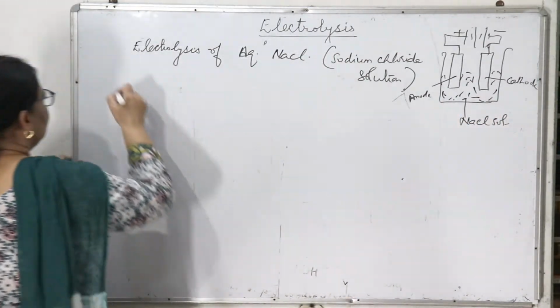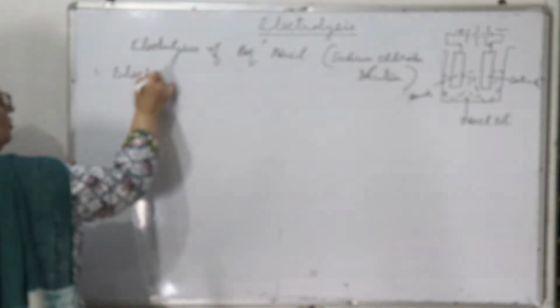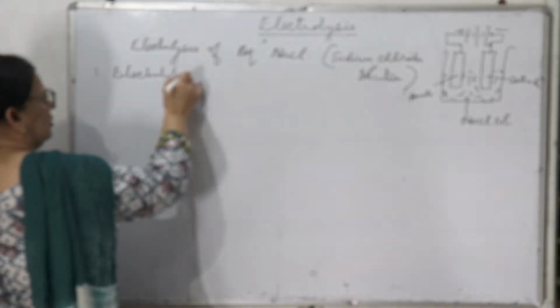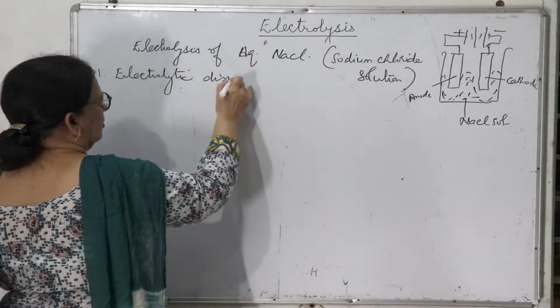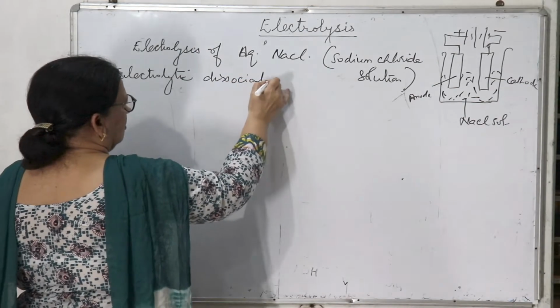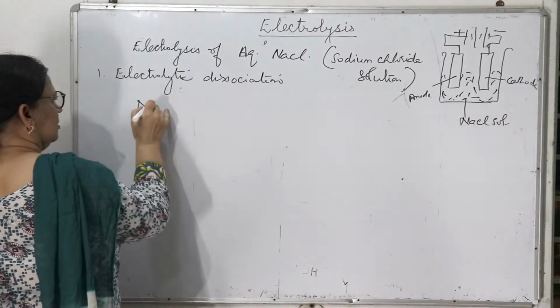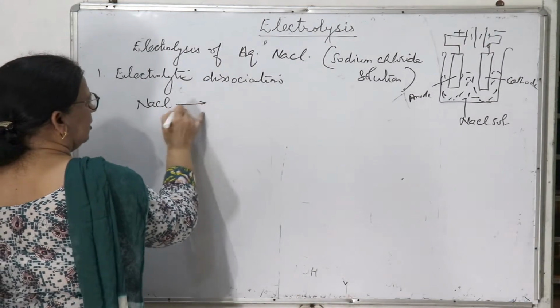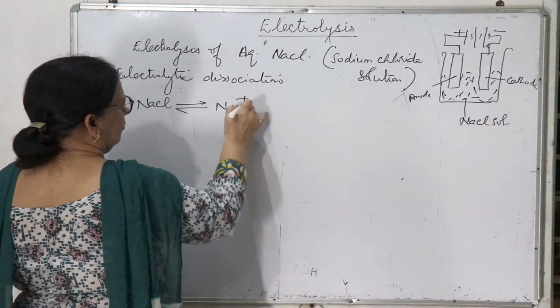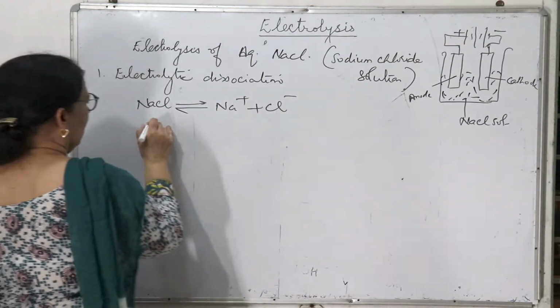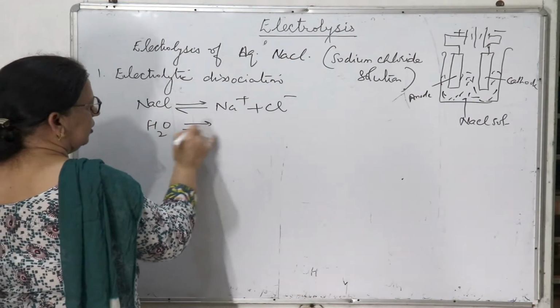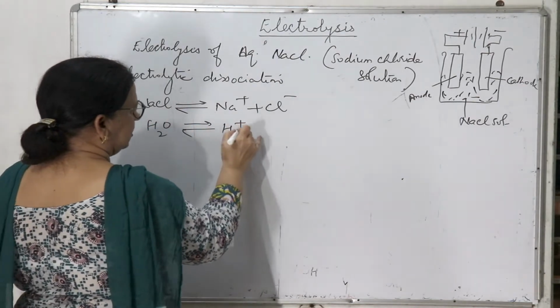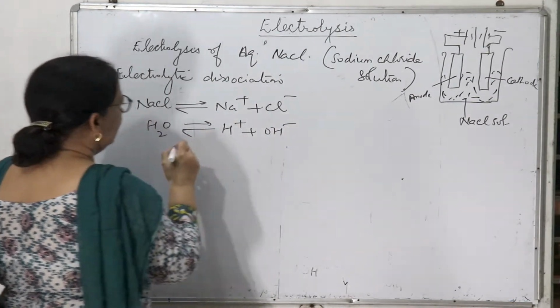The first step is electrolytic dissociation. NaCl dissociates into Na+ plus Cl-. As water is also present, water also dissociates into H+ and OH-.